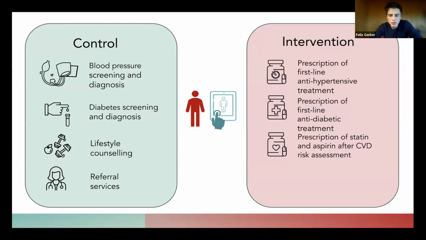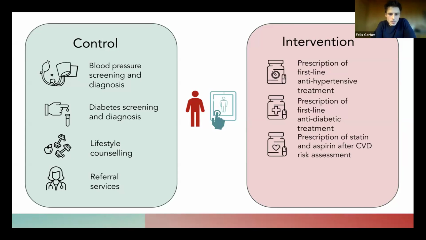In addition to this, in 50 villages, we also included treatment components in our algorithm. The community health workers in these villages were able to prescribe antihypertensive and anti-diabetic medication, and also, based on cardiovascular risk assessment, aspirin or lipid lowering drugs, and provide treatment monitoring and support for people with complicated diseases, for example, people who require insulin or other medication.